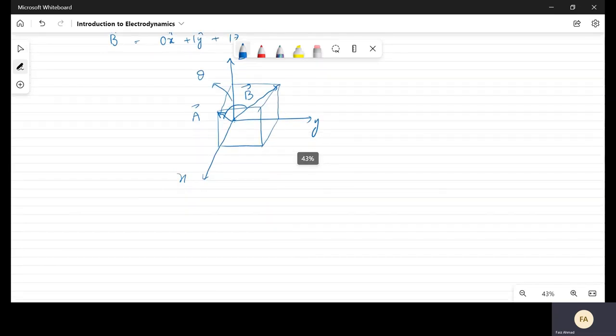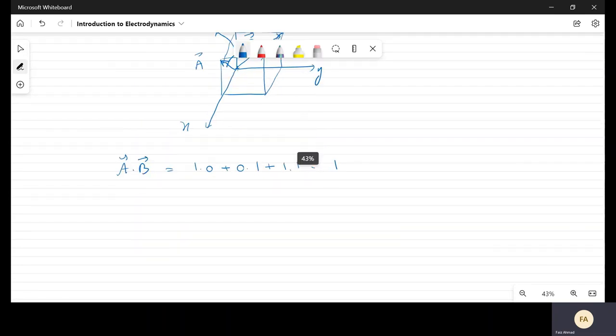And we can find it using the dot product. If we compute A dot B, taking the dot of A and B, 1 times 0 plus 0 times 1 plus 1 times 1 is equal to 1.